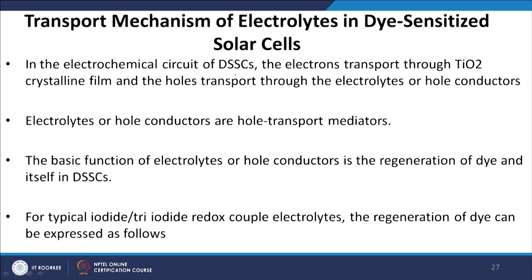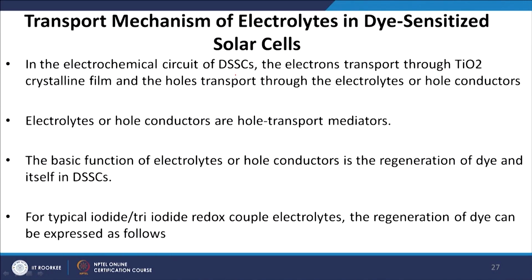Now, let us have a look at the transport mechanism of electrolytes in a DSSC device. In the electrochemical circuit of DSSCs, the electrons transport through the TiO2 crystalline film and the holes transport through electrolytes or hole conductors. So, even if I use a conducting polymer which has very good hole conducting properties, it will also act as a good sensitizer as well as a good hole transport material.